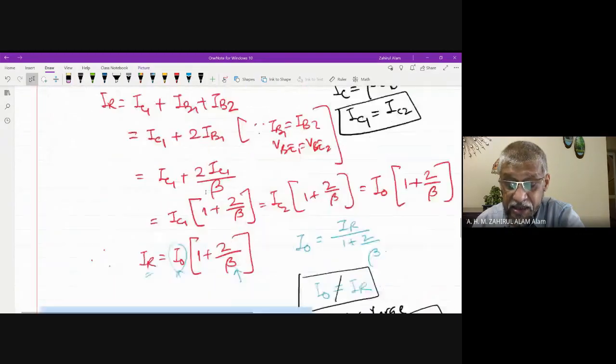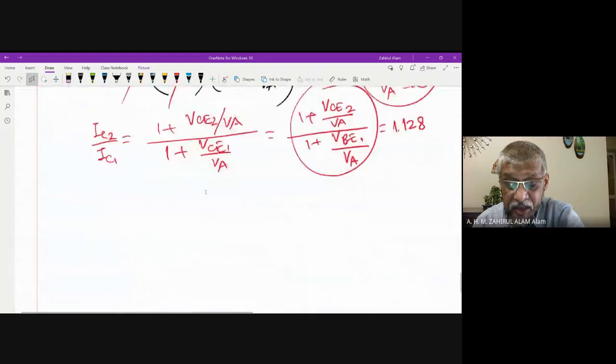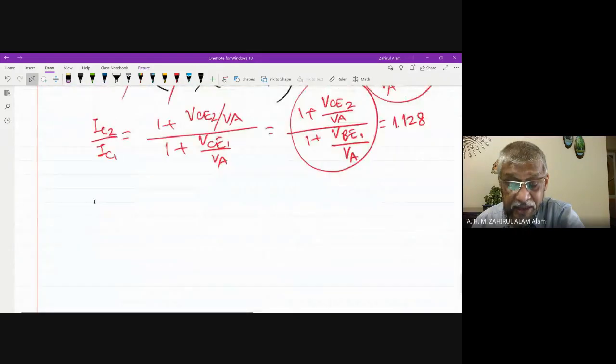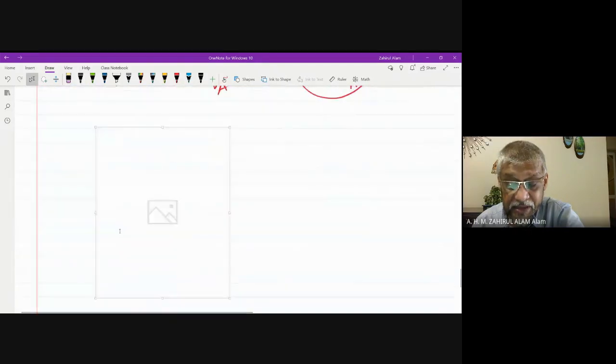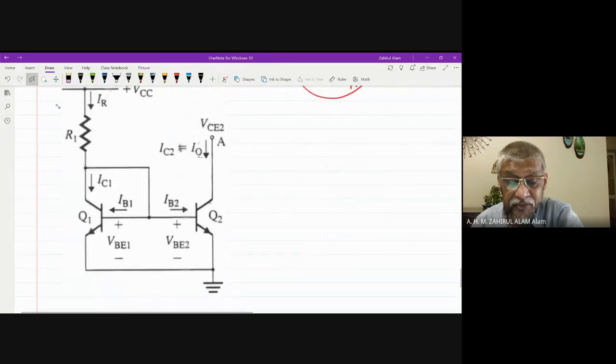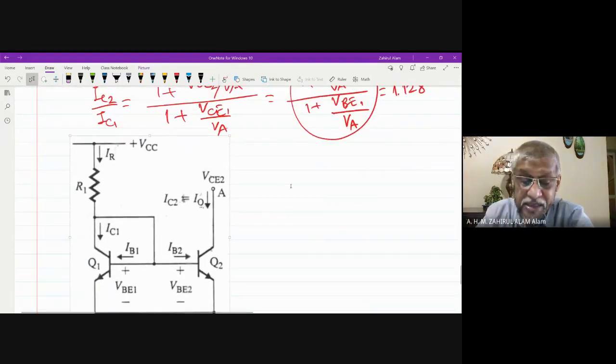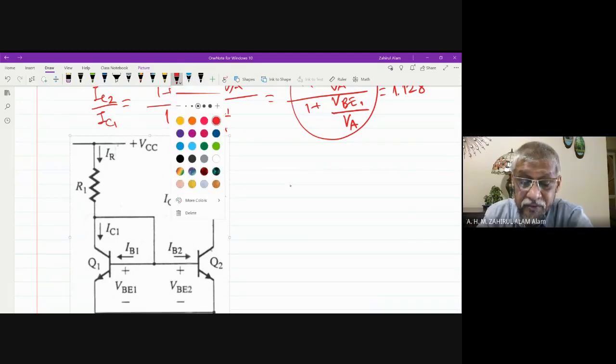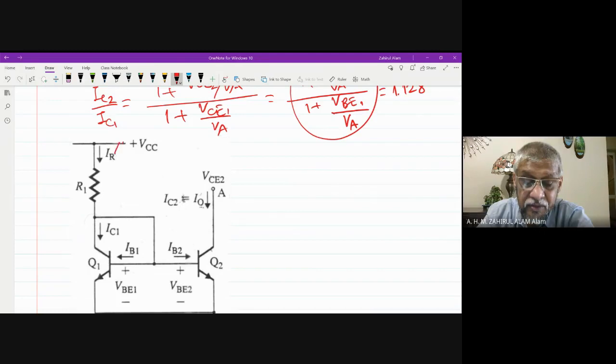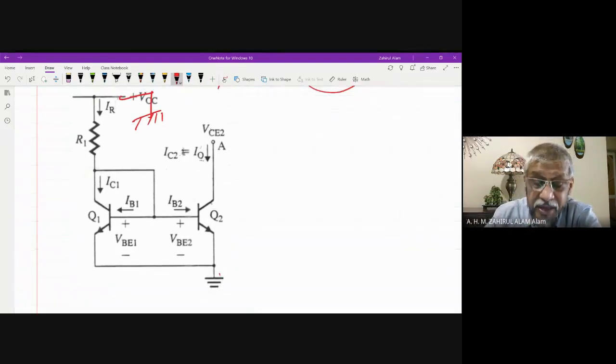Now, if I ask you to draw the small signal equivalent circuit for this basic current source, what do we need to do? We connect VCC to ground. So this is connected to ground, and this is already grounded.